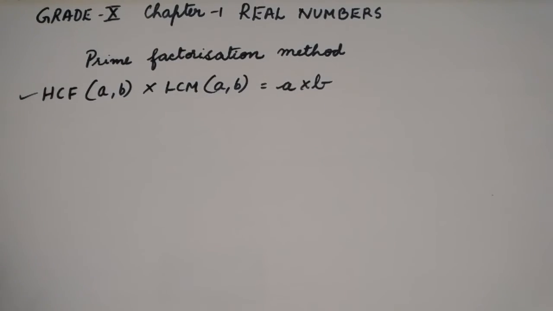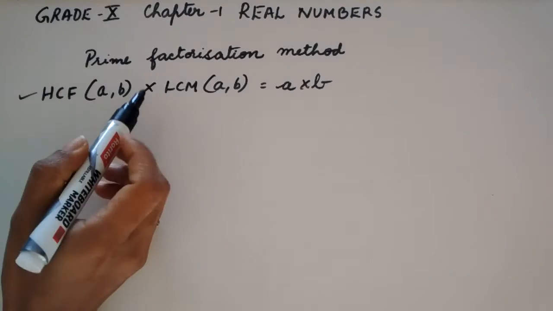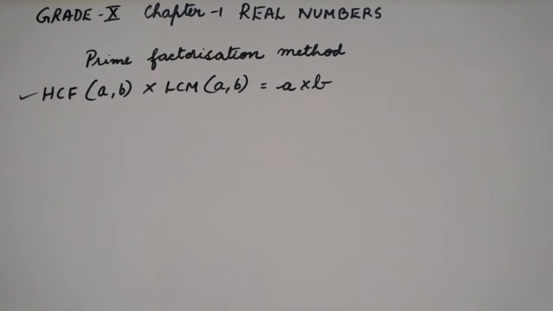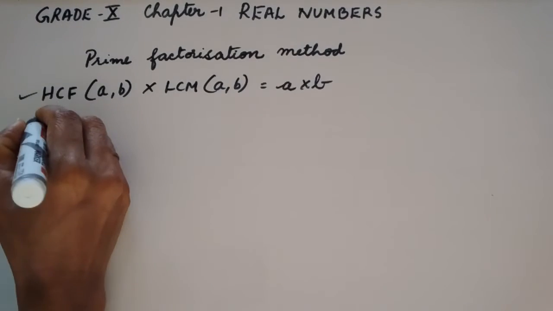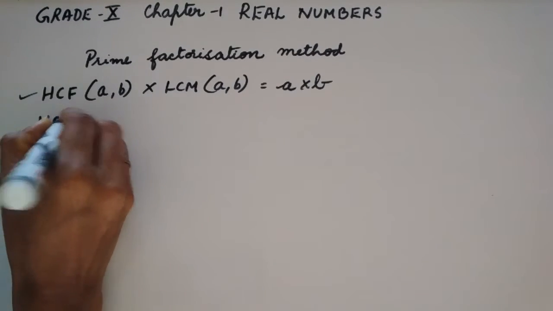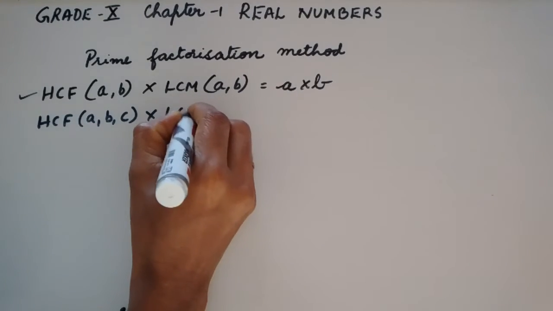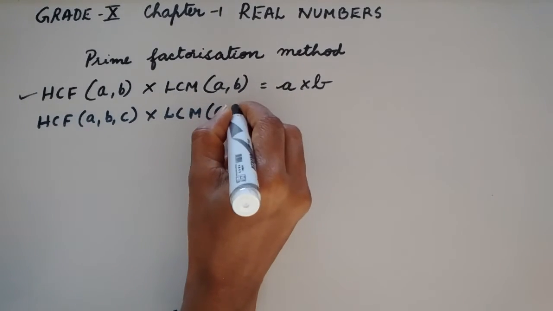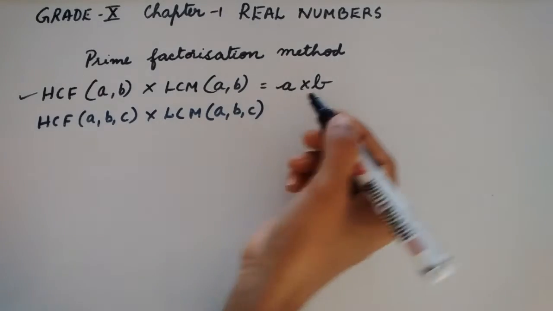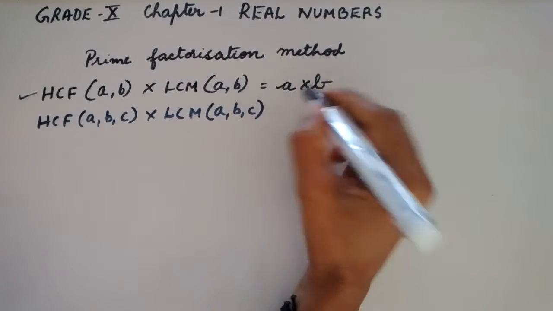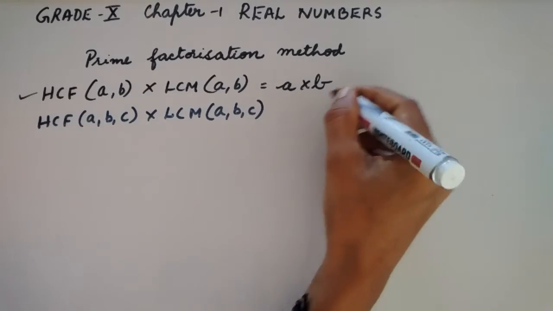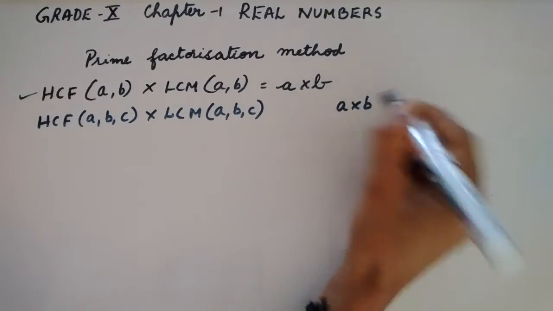Let us now check whether this result is true for three positive integers. So that will be HCF of A comma B comma C into LCM of A comma B comma C, and whether it is equal to or not equal to A into B into C.